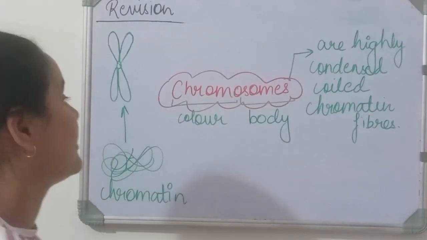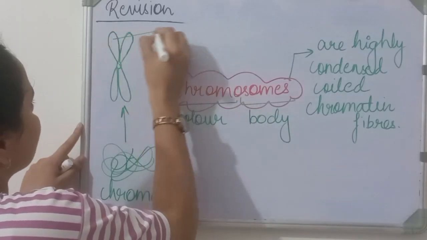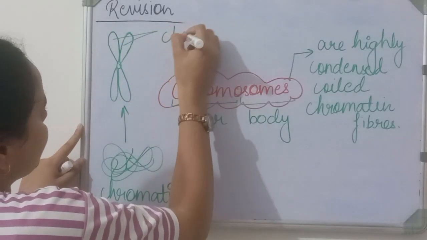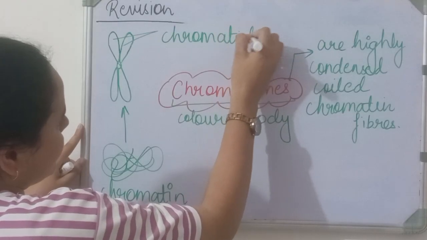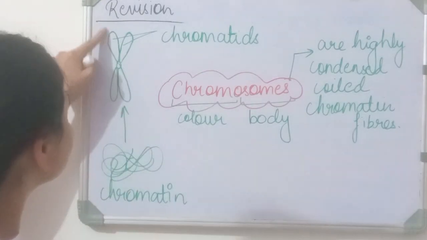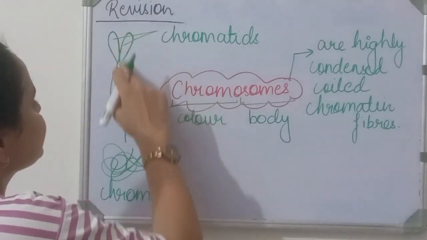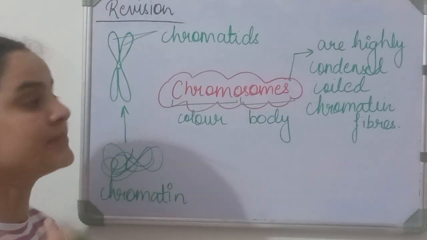Now this chromosome has two chromatids. They are also known as sister chromatids. This is one chromatid and this is another chromatid. In the center they are joined by the centromere.